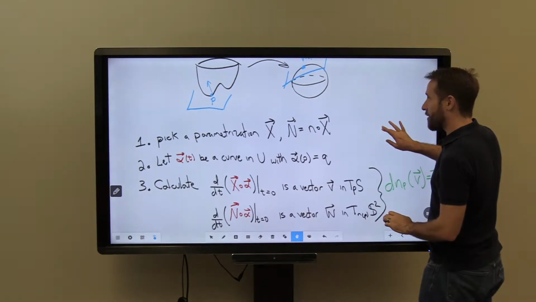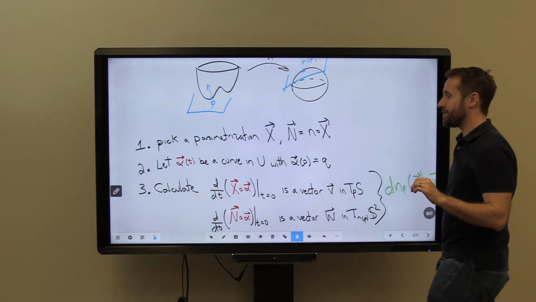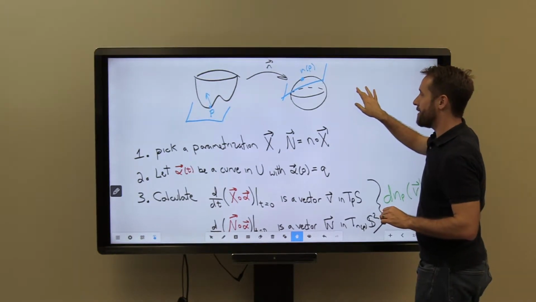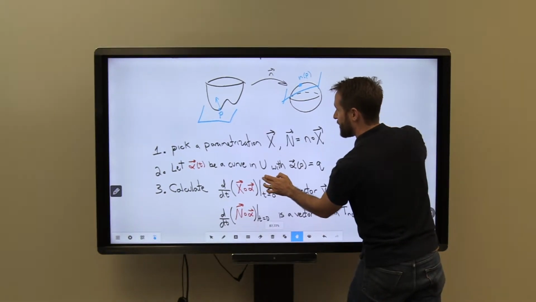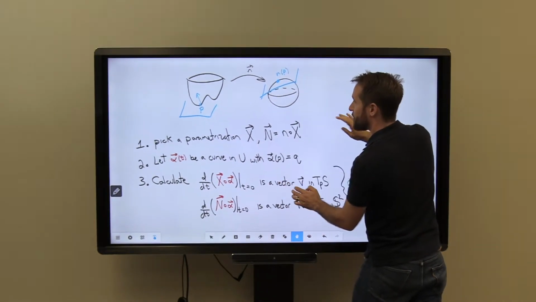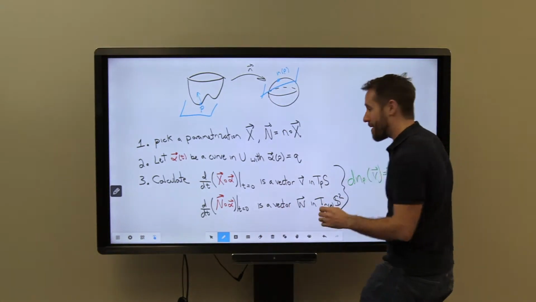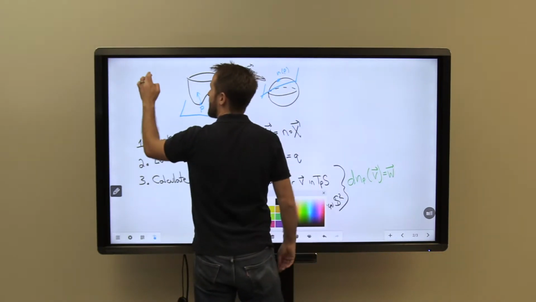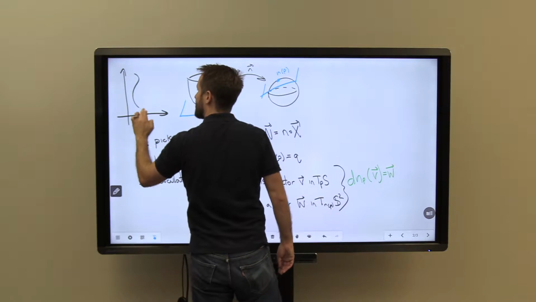First, we are going to pick a parameterization for our surface. Right, so this was our map n. Let's make this a little smaller so we can see all of this at once. There we go. So this was our map n. Let's go ahead and define a parameterization. That is, let's define a map x from this set here, right?